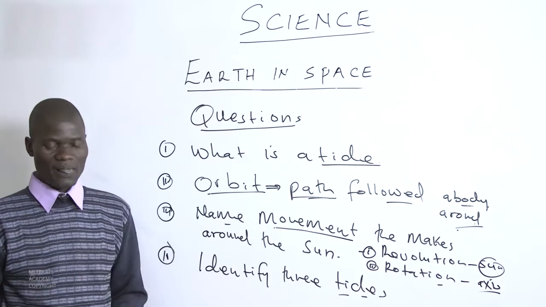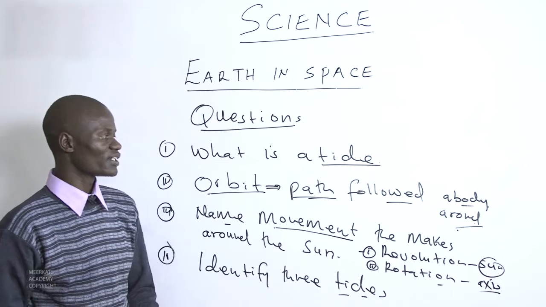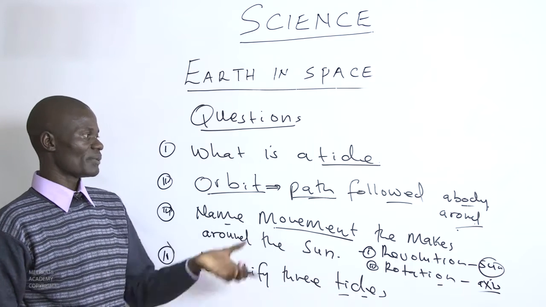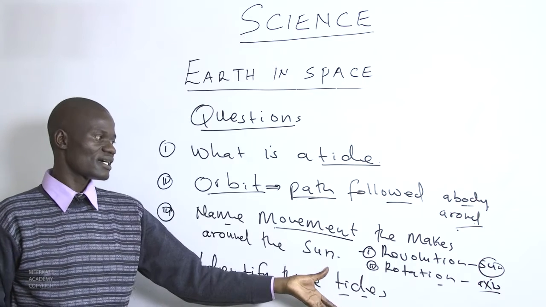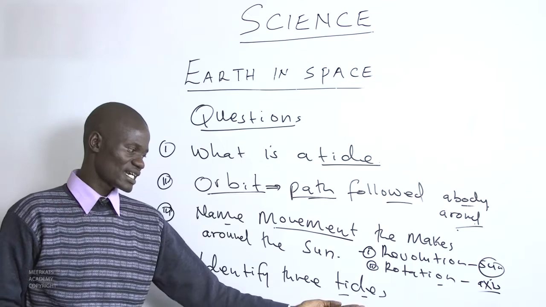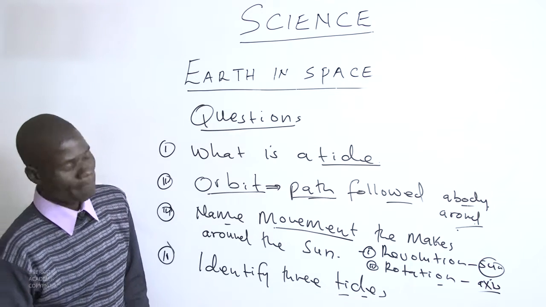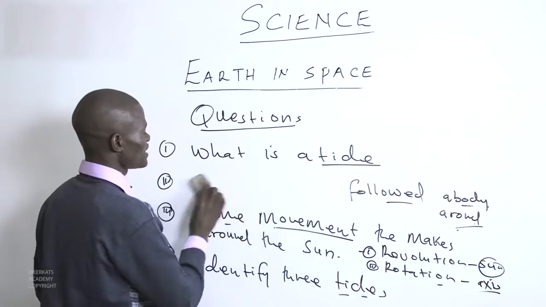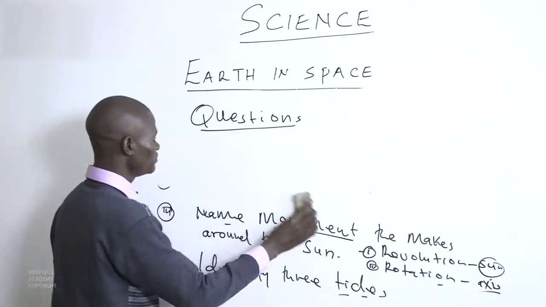And then lastly, as the earth makes a rotation, it causes the tides. We have been able to see that the rising and the falling of the tides are caused by the rotation of the earth. As the earth rotates, it creates what we call types of tides, and we have been able to identify them.